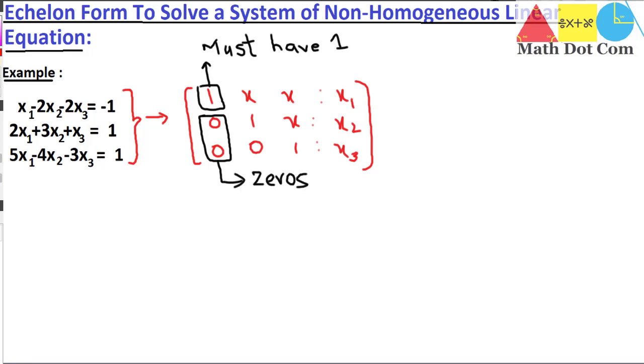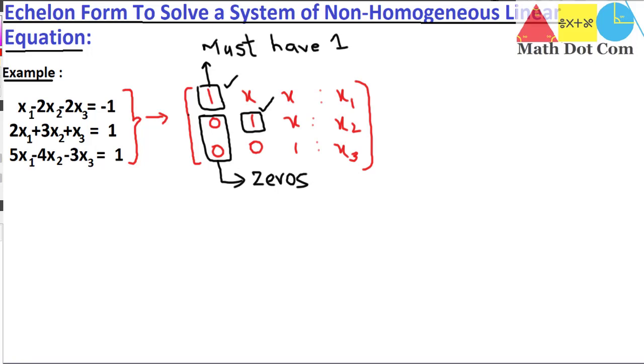Then you must have a non-zero number in the row below the first row, but that non-zero number must be on the right of this one. So that non-zero number is this. Secondly, the most important thing is you must have 1 at this location.